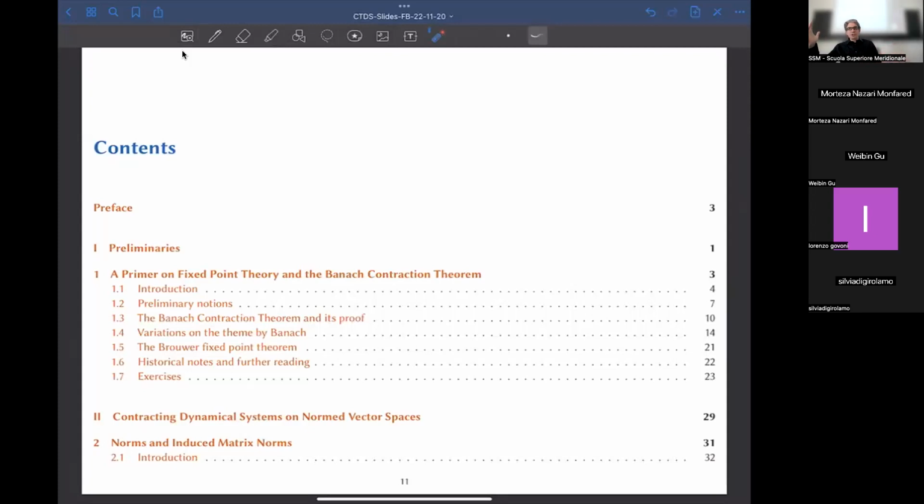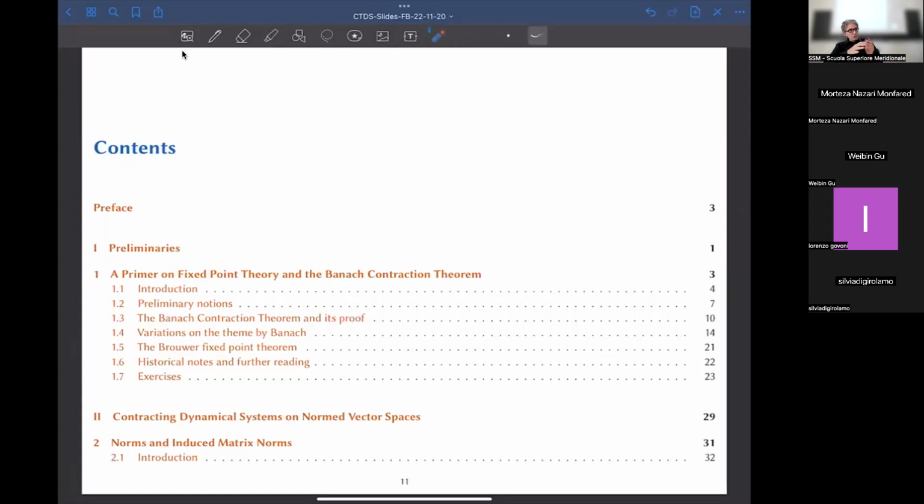There are several books out there. This discipline started, as you know, 100 years ago when Banach published this theorem, and then after that, several things happened. Many variations of the Banach theorem were written, and then many other fixed point theorems in a different direction.